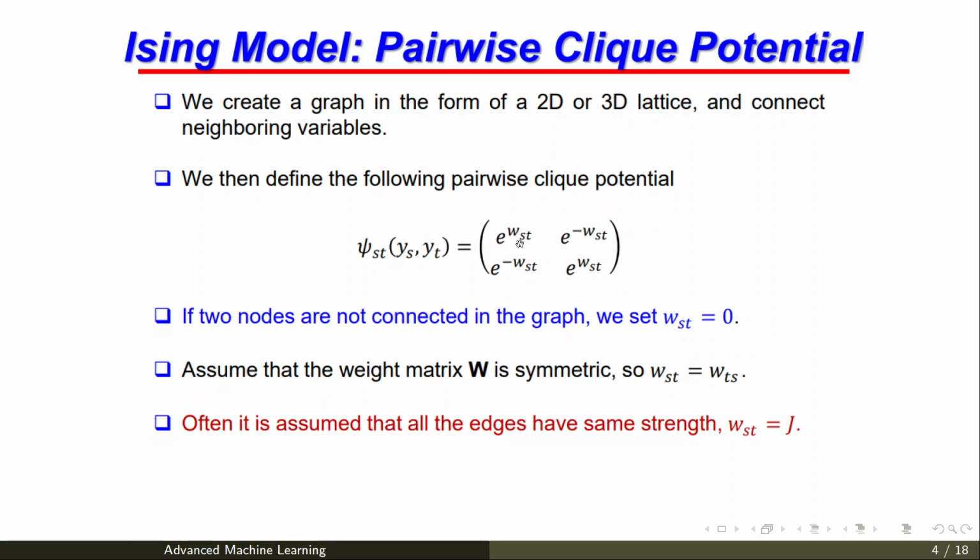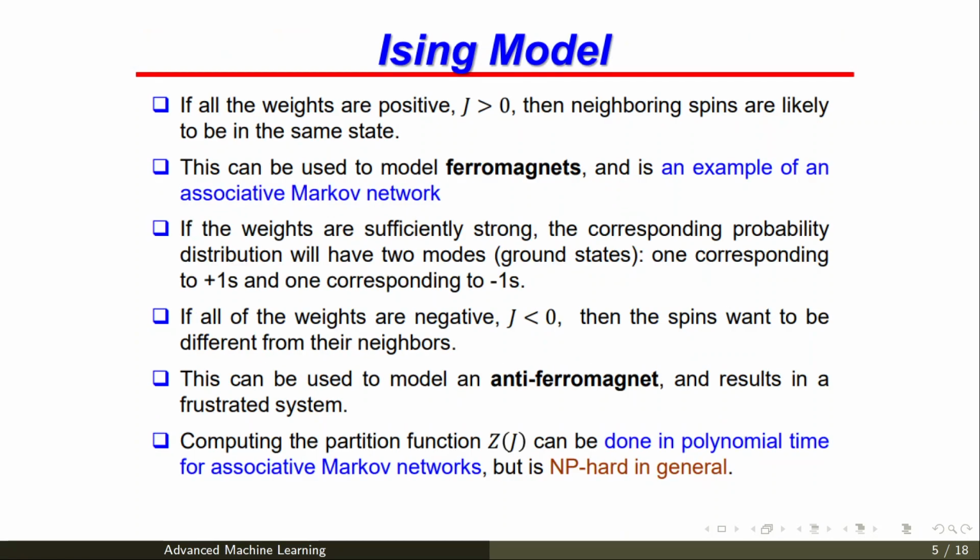First one, both are positive. And then here plus minus, here minus and plus, here minus and minus. Then which one will give you low energy? Either they have to be both positive or both negative, both spin up or both spin down, right? Then only I can say that it is high probability or low energy.